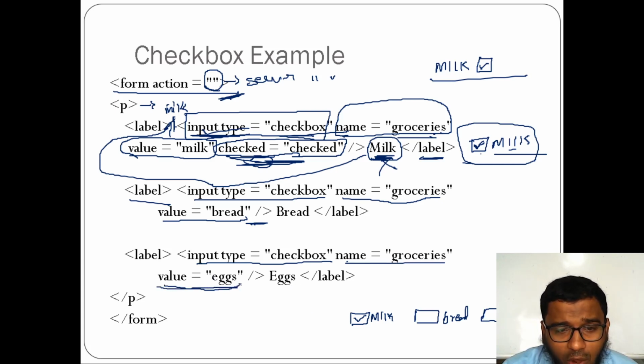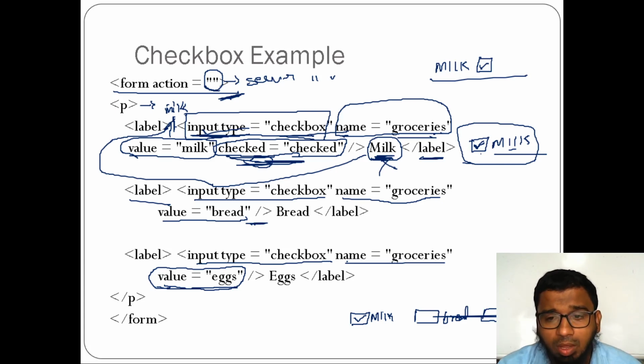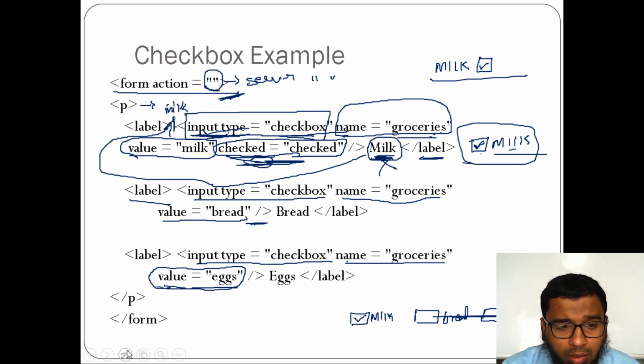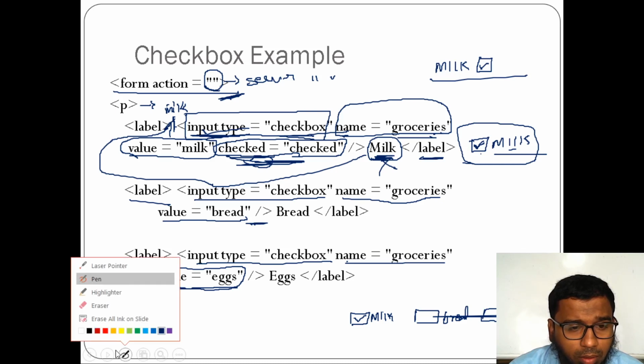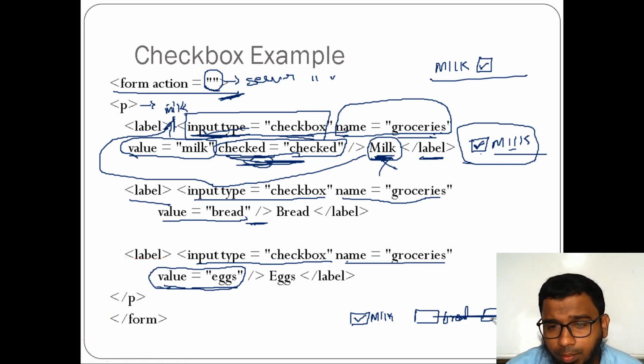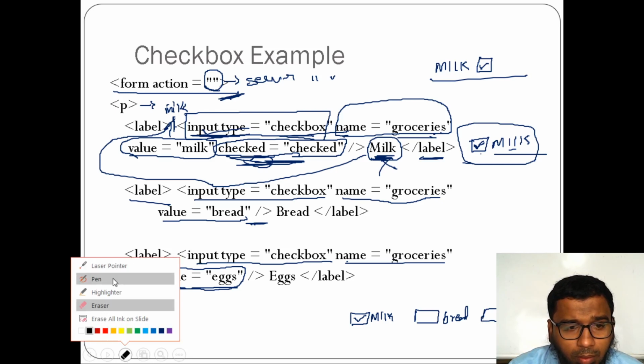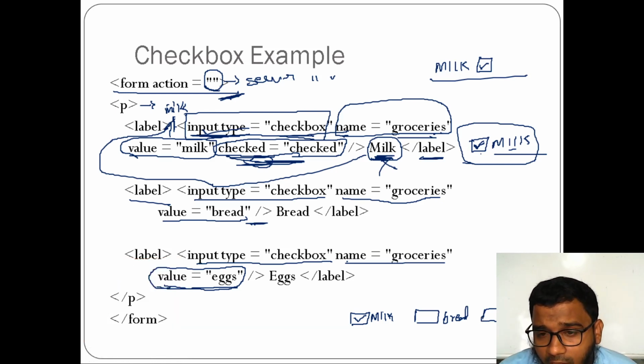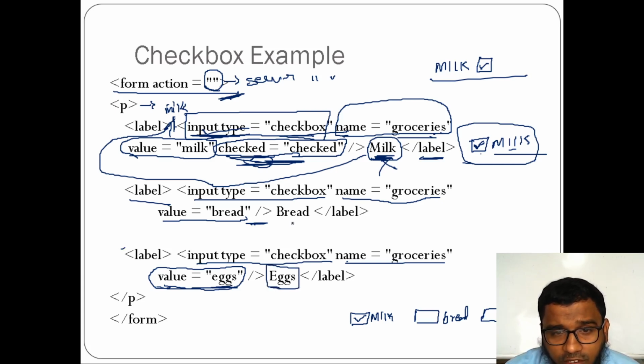And whatever value you are writing here, it is not displayed. Here, egg, this value is not displayed. The label value is displayed.